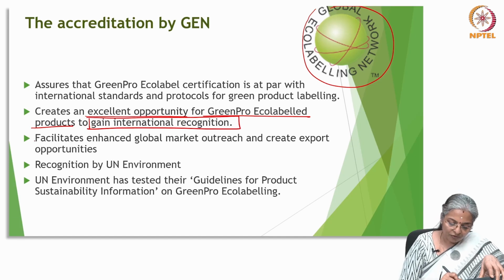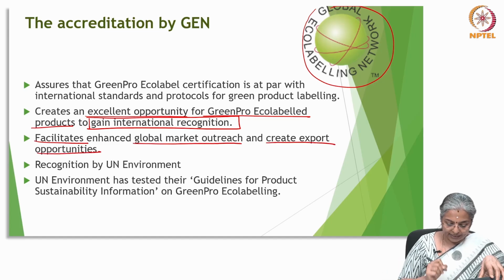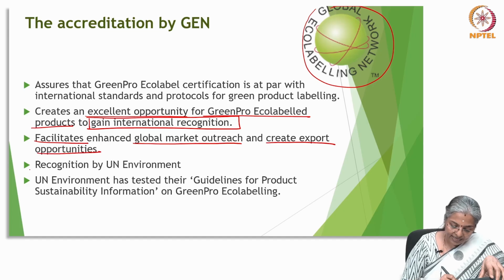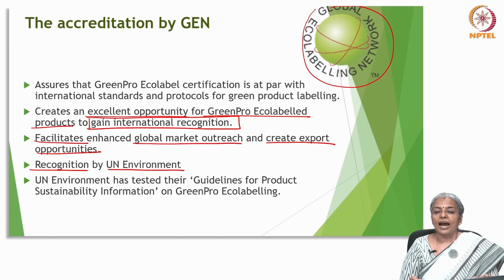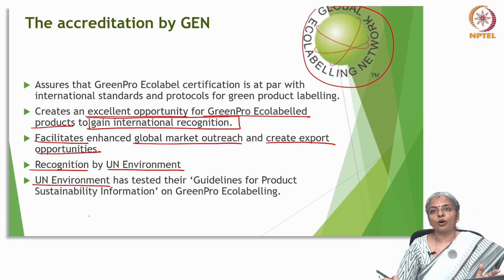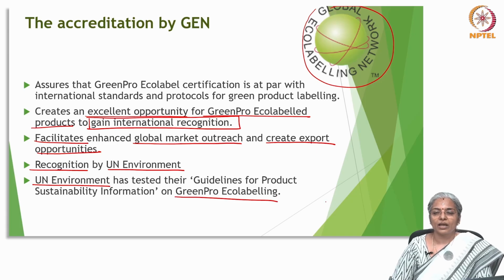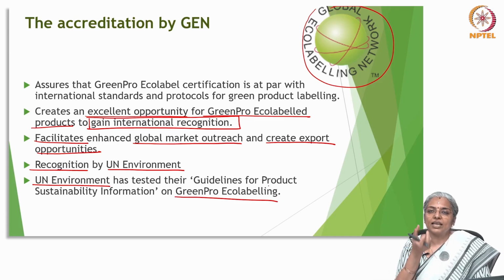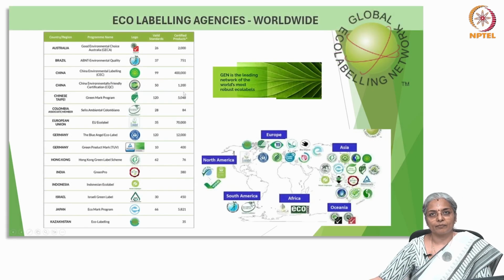It will also facilitate enhanced global market outreach and create export opportunities. This has recognition by UN Environment, and UN Environment has tested their guidelines for product sustainability information on Green Pro eco-labeling.